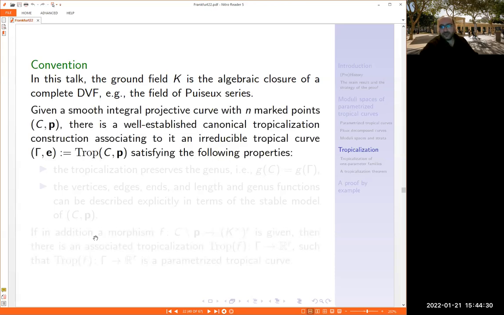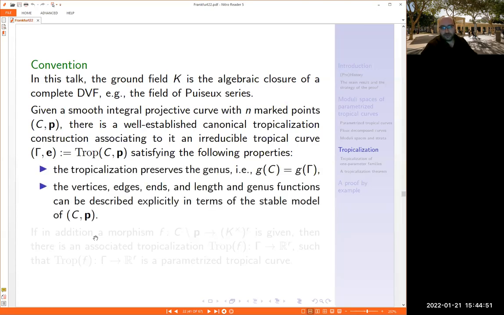So given a smooth integral projective curve with n marked points, one can tropicalize it. This means that one can associate to it a tropical curve Gamma. There is a well-established procedure, and this procedure satisfies the following 2 properties.